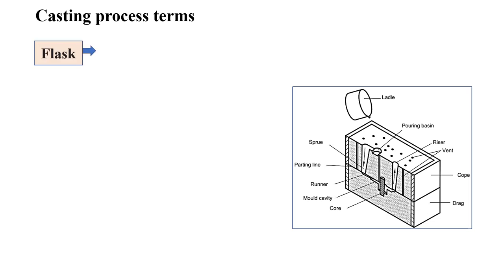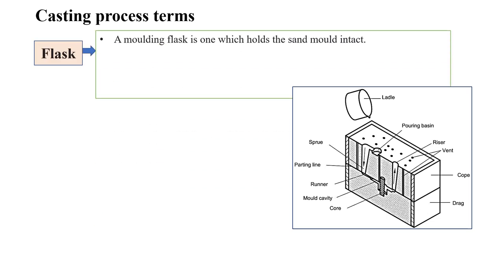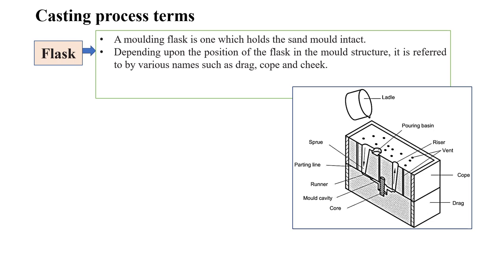Flask. A molding flask is one which holds the sand mold intact. This is the flask in which the molding sand is generally rammed to give strength to the mold cavity. Depending upon the position of the flask in the mold structure, it is referred to by various names such as the cope, drag, and cheek.